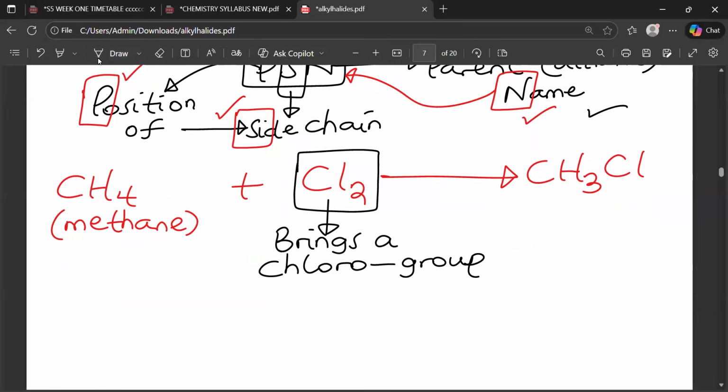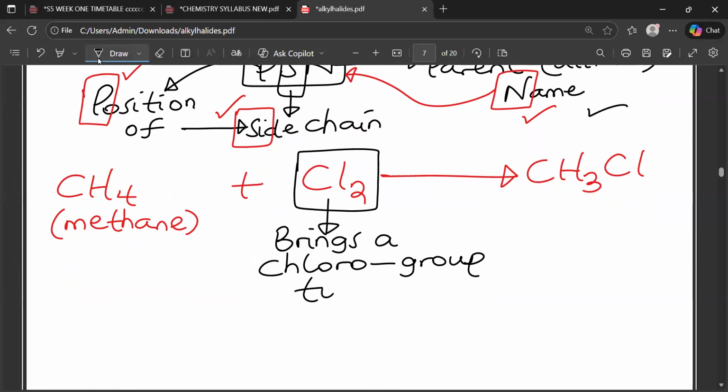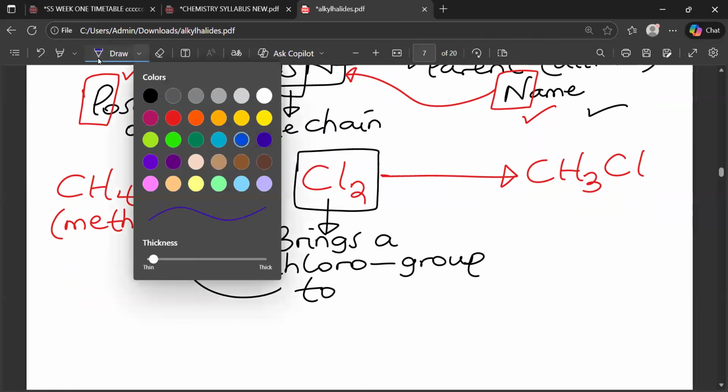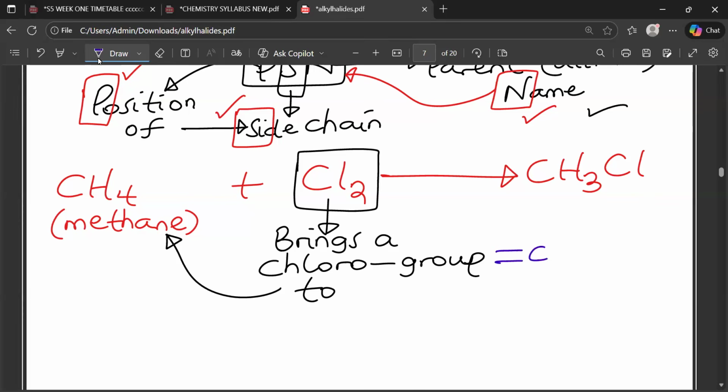We all know that the Cl2 brings a chloro group to methane, and that's why we come up with our name, that is chloro what? Chloromethane. Like that.